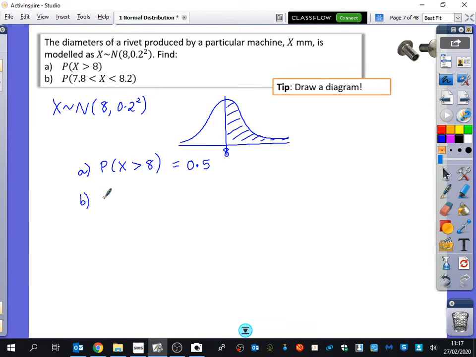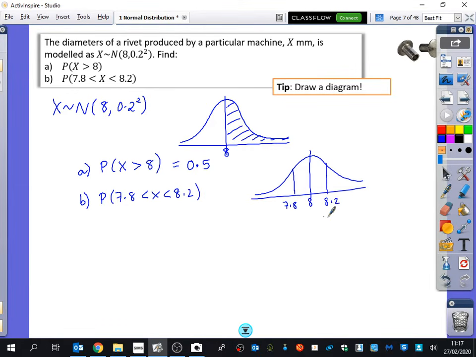The second part says, what is the probability that the rivet is in between 7.8, there's 8, and 8.2. What do you notice about this gap and this gap? First of all, they're equal to each other.